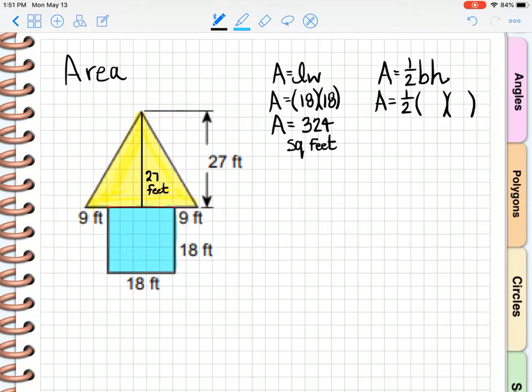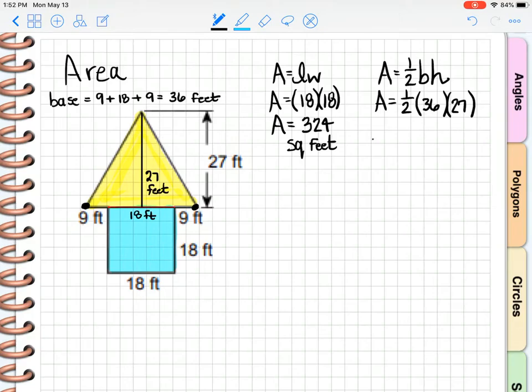But it's the base that I need to work with just a little bit, because I need to go from this edge to this edge, and that's 9 and 9, but I also have this blue section in here that is part of that square that's 18 feet. So to get your base, you have to do a little bit of work. We have to say 9 plus 18 plus 9. And when you add those up, you'll have that total distance across the bottom of that triangle, and that's 36 feet.